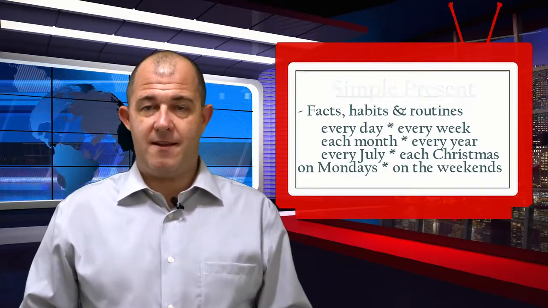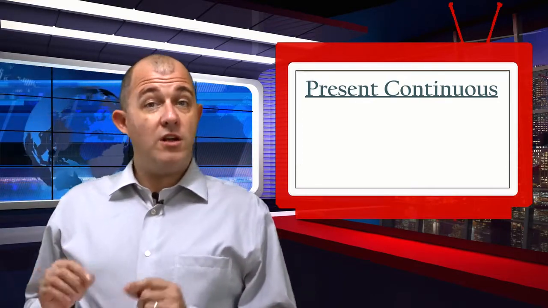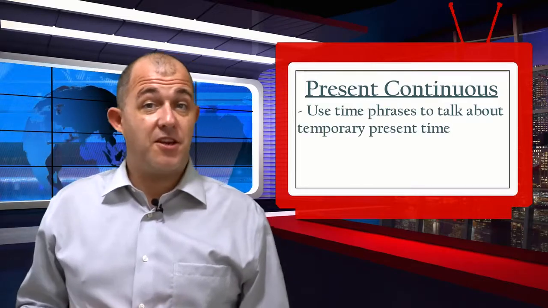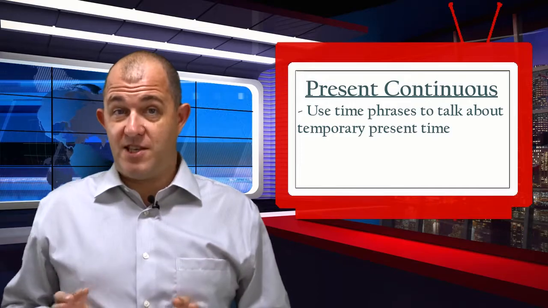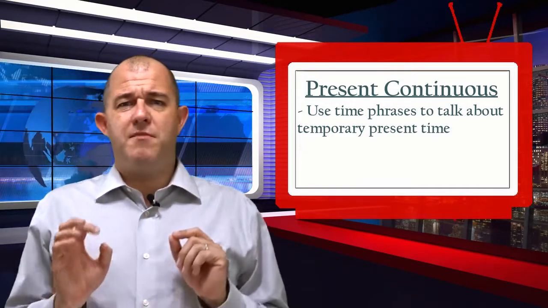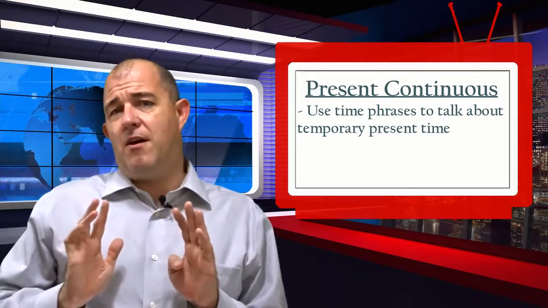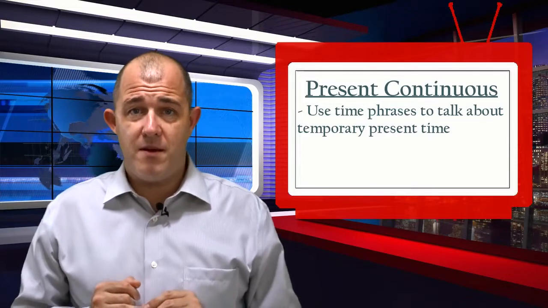Either way. Like with simple present, with present continuous, we also have time phrases that we can use. Only these time phrases are not general time phrases, they're temporary time phrases. So we use periods of time that are not going to last forever. They are shorter periods of time.